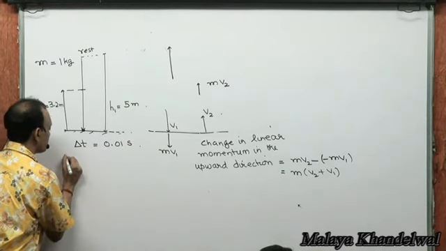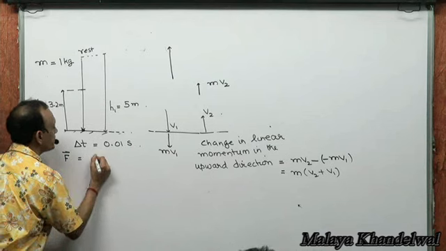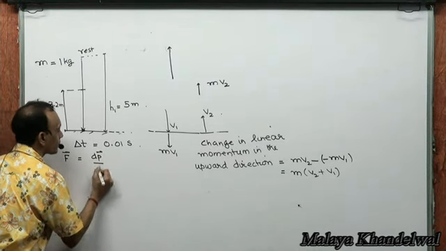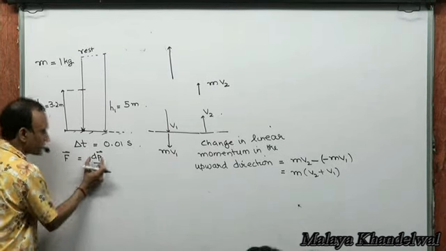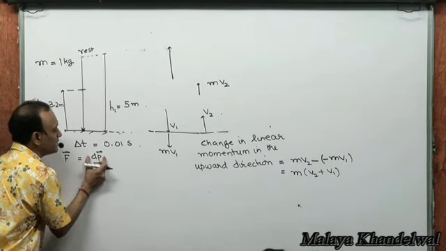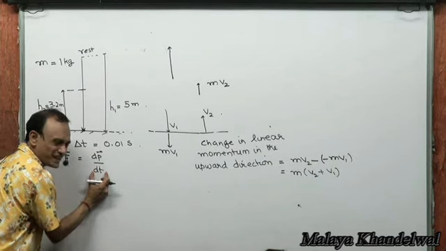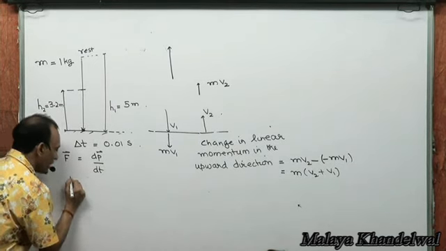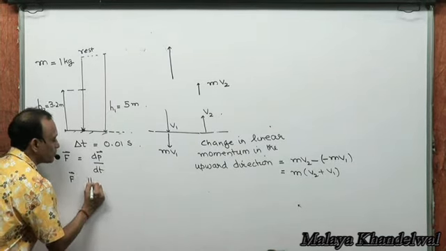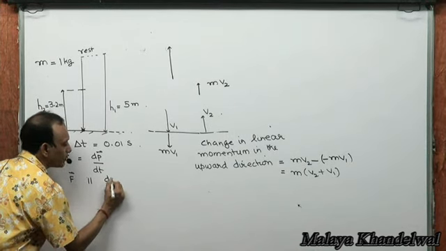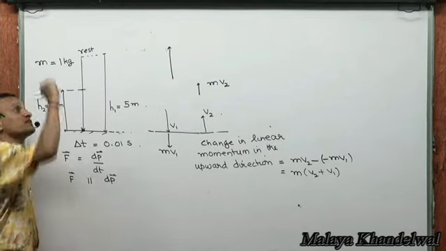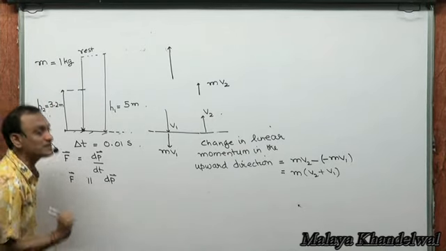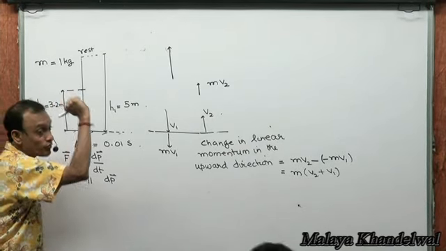See, F is dp/dt. Yes or no? So, dp is change in linear momentum. F is the force. Very clearly, F and dp must be parallel vectors, because dt is a scalar. The direction in which the change in linear momentum takes place is the direction in which the force acts.